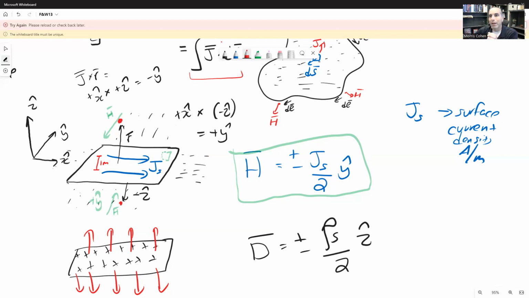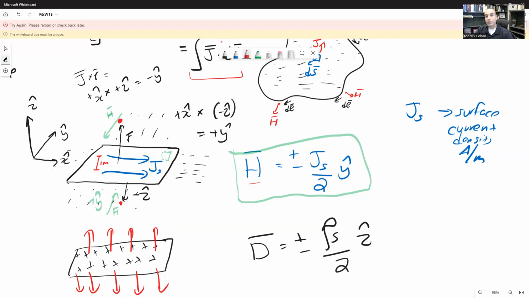Now, there's a little bit of a break in the duality here, because the D is the electric flux density. And for magnetic fields, the equivalent is B, the magnetic flux density. But here we have an H, not a B. So this is a bit of a break in the duality, but still it's pretty good. And this concept, by the way, is going to help us understand magnetic boundary conditions as well.